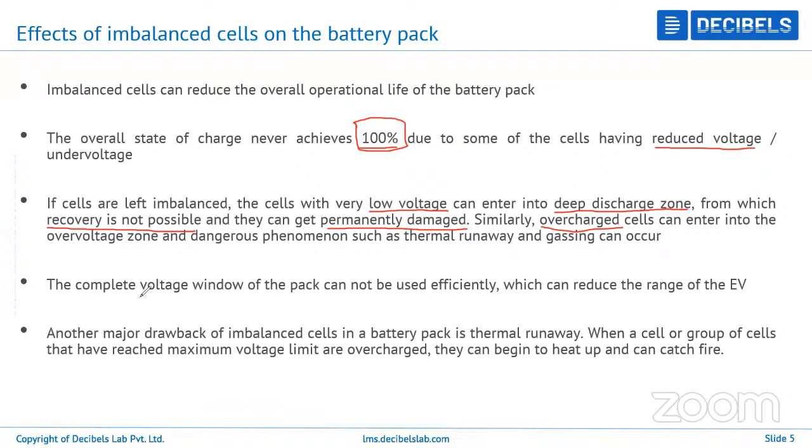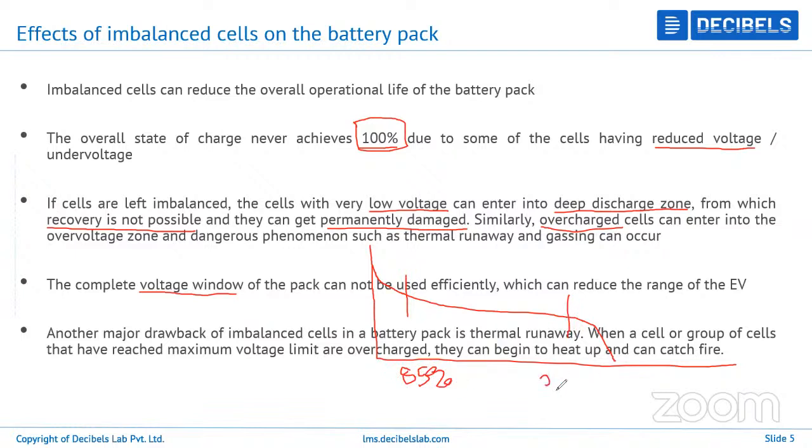So again, the voltage window of the pack will be reduced very much. If you consider the voltage graph for a lithium ion cell, your voltage window is calculated somewhere between 85% to around 20%.